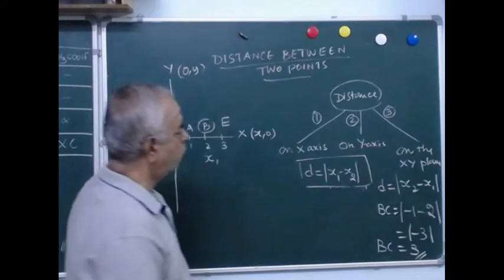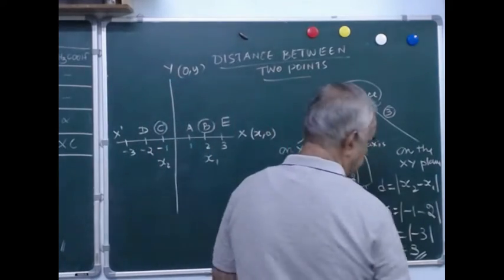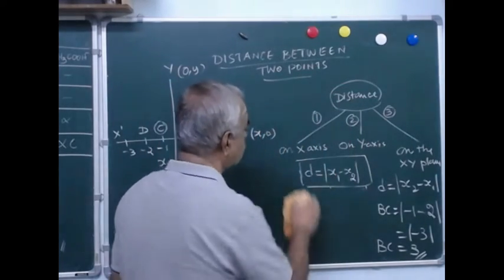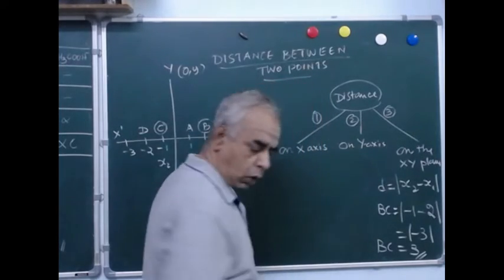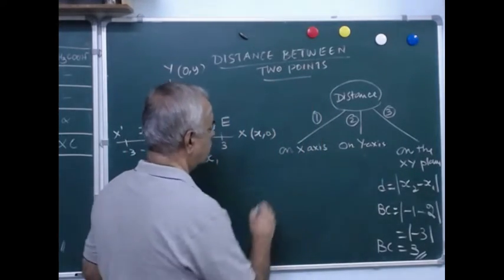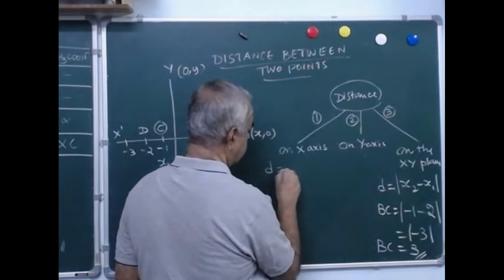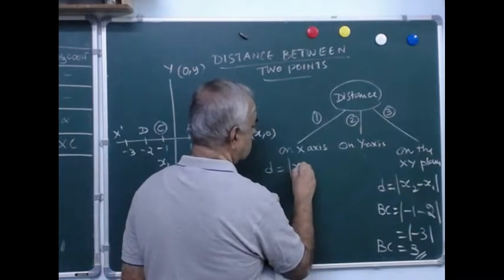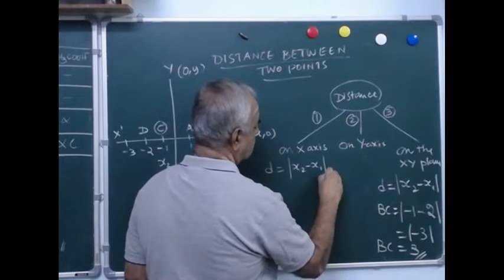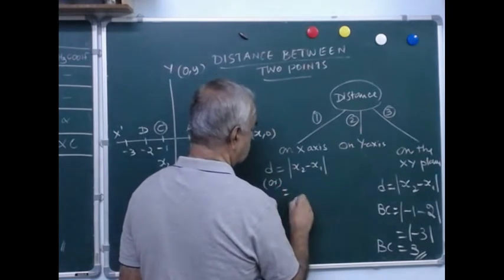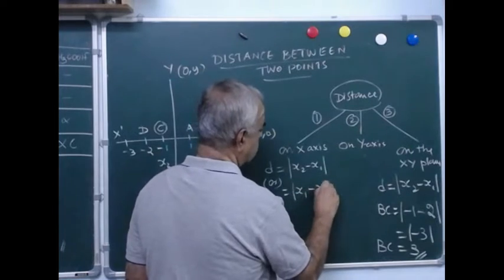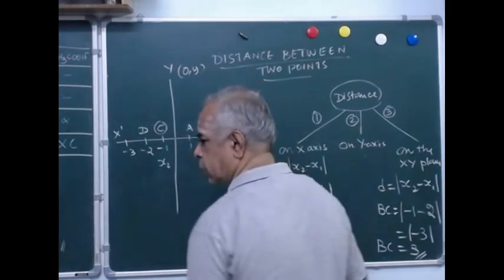So what we have discussed: on the x-axis, the distance is x2 minus x1 put within the modulus, or you can reverse it, x1 minus x2. Please note this.